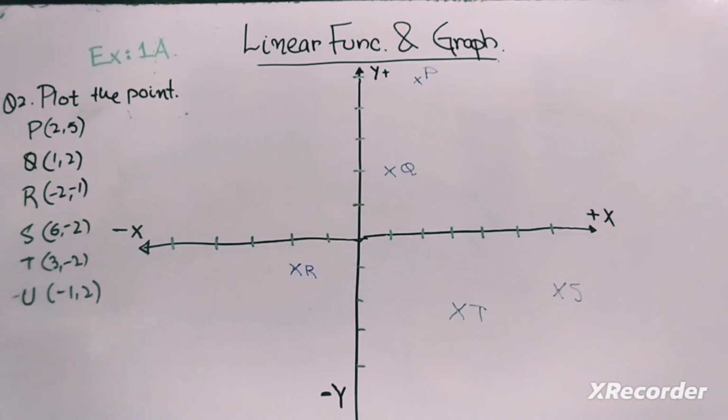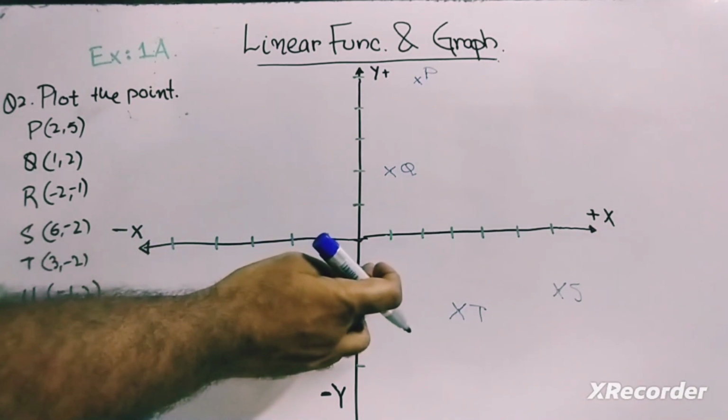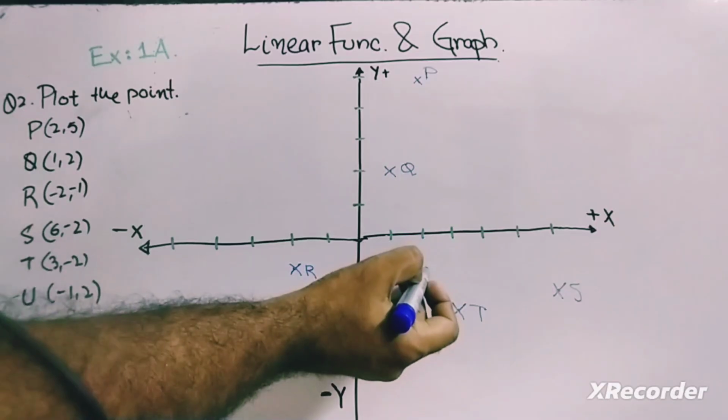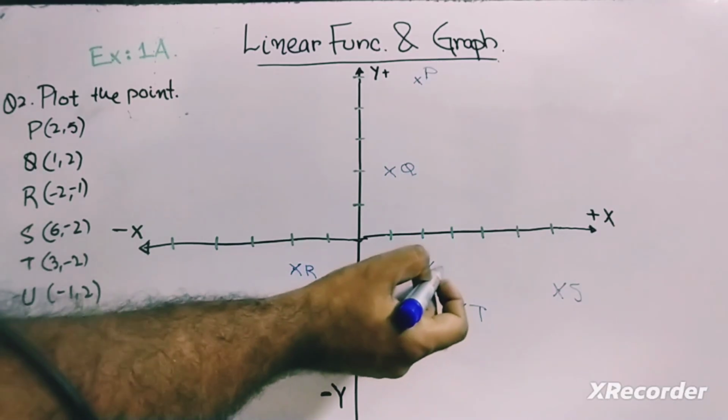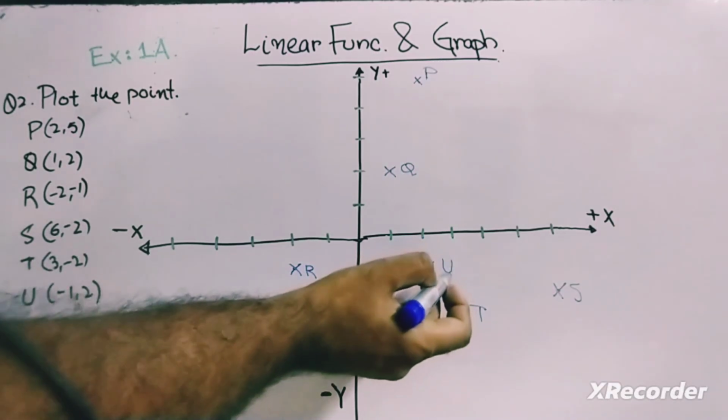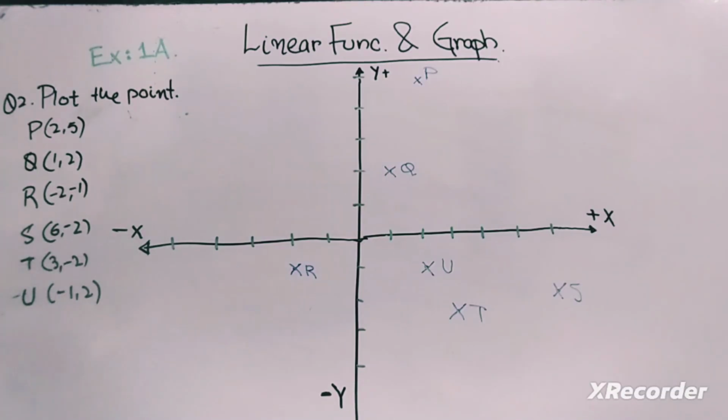And last U, (-1, 2). That is our U. So we can easily plot any point if coordinates are given.